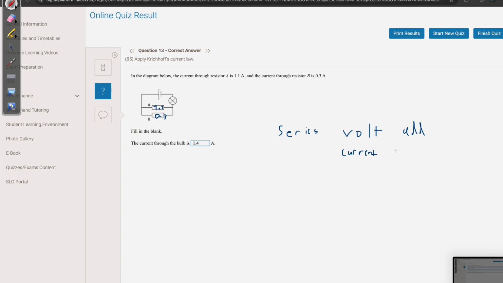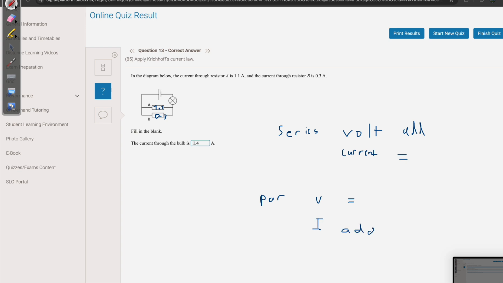is equal. And vice versa in parallel, voltage is equal, current is additive.